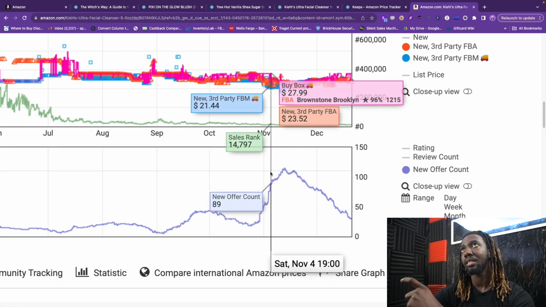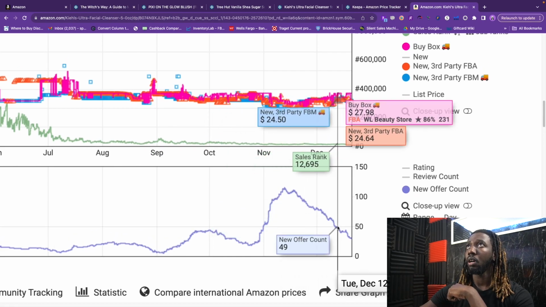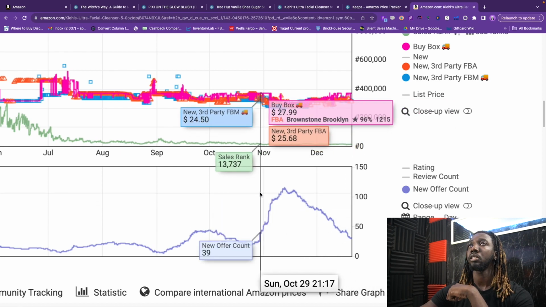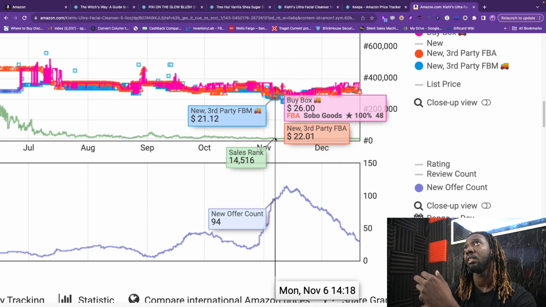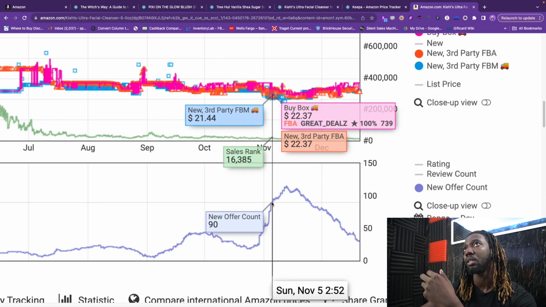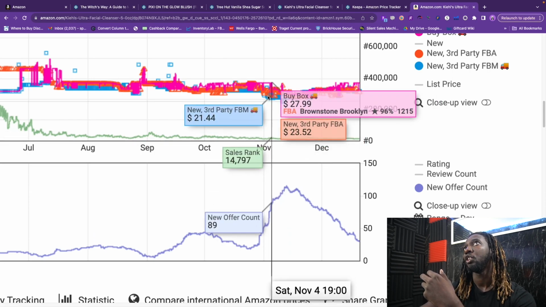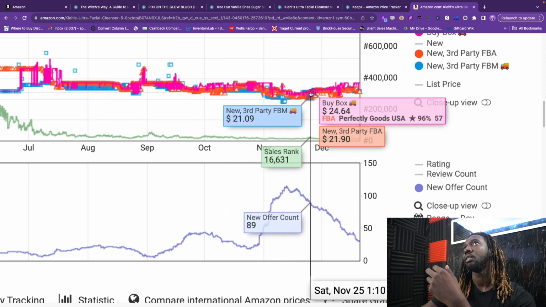So this chart, the second chart, is very important. Sometimes the best listings to be on are the ones where the demand is so high, the sales rank is so low, that even when there's a lot of competition, you don't get a deep dip in the price.